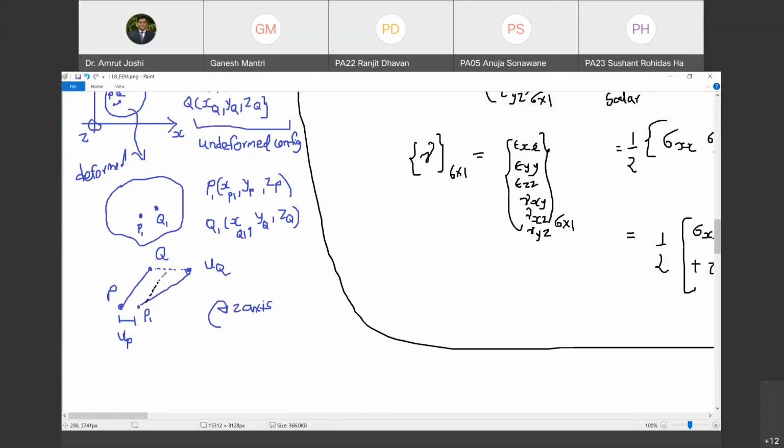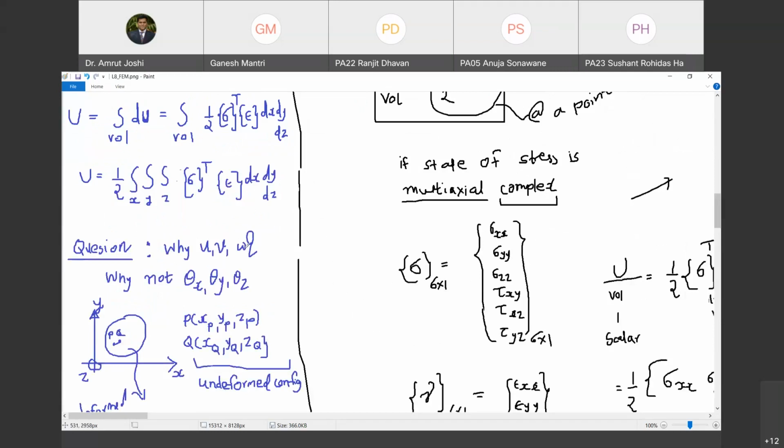So is there a rotation theta about the Z axis? Yes. Even if I do not consider theta Z as a primary unknown, it comes out based on the differential values of u, v, w at two neighboring points.